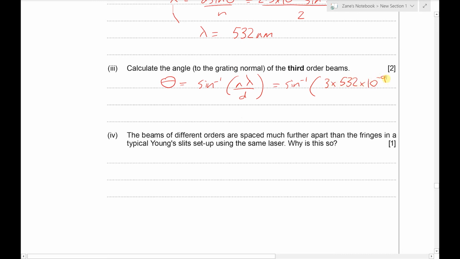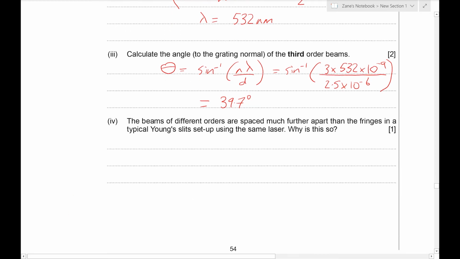Remember to put the nano back in and use the answer button on the calculator to avoid rounding, over the 2.5 times 10 to the minus 6 for d that we calculated earlier. For this part of the question and the previous part, obviously make sure that your calculator is not in radians mode, that it's in degrees mode. Typing those numbers into the calculator gives us an angle of nearly 40 degrees, 39.7 degrees.